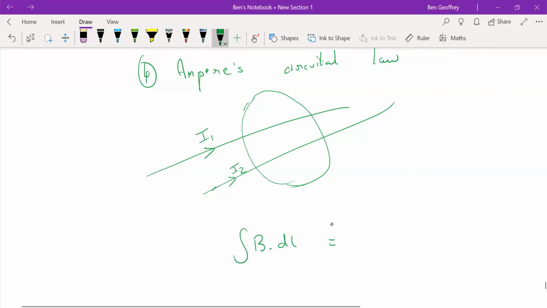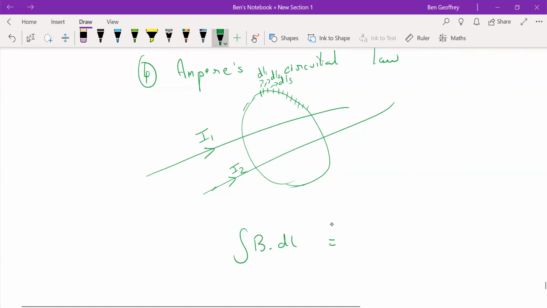B was the magnetic field, and let's say you divide the loop into many parts. This is part 1, dl1, this is part 2, dl2, likewise dl3.